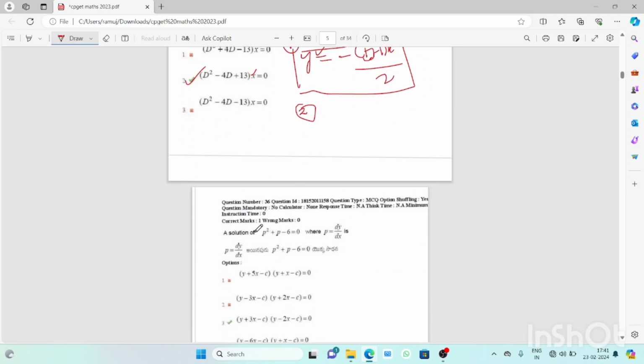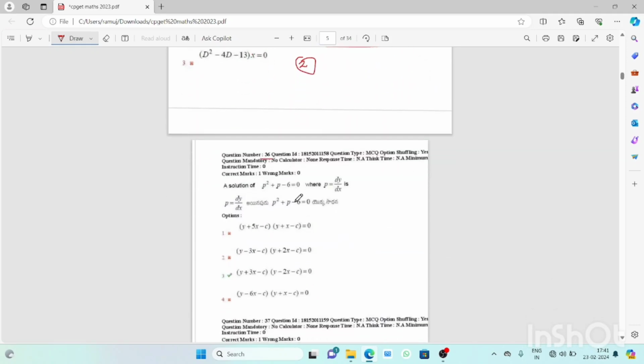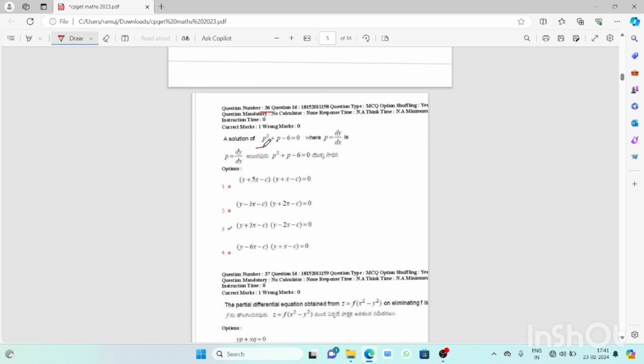I left it as an exercise. And the 36th question is a solution of p square plus p minus 6 is equal to 0. He mentioned that p is equal to dy by dx. This is a very simple one, so I will tell you. We have to find the roots of p first. So that is p square plus p minus 6 is equal to 0.